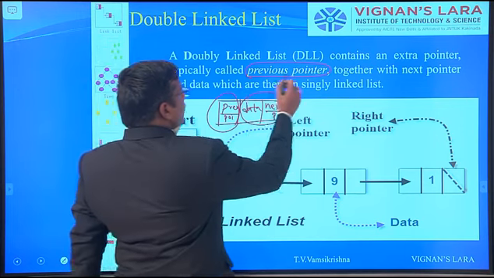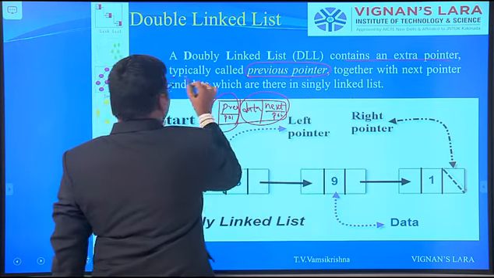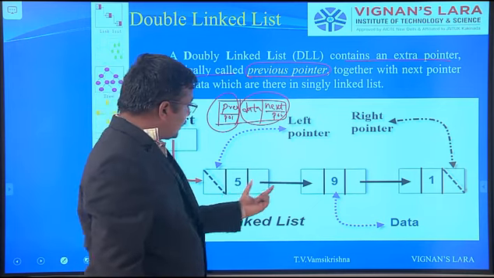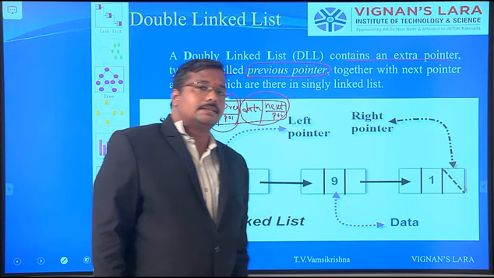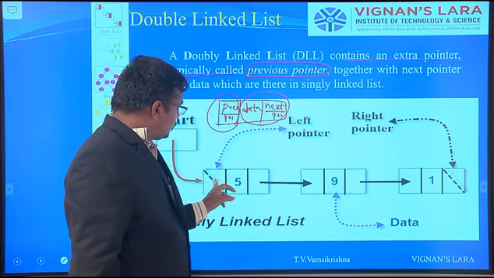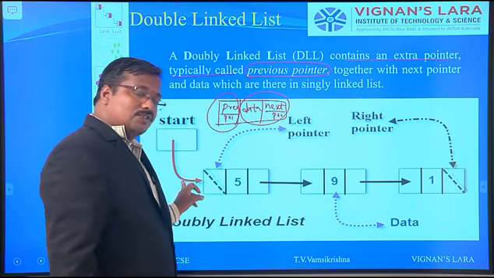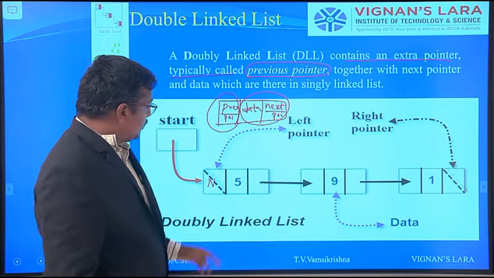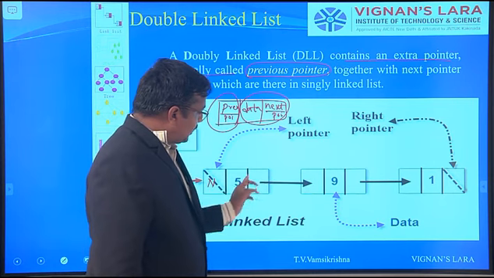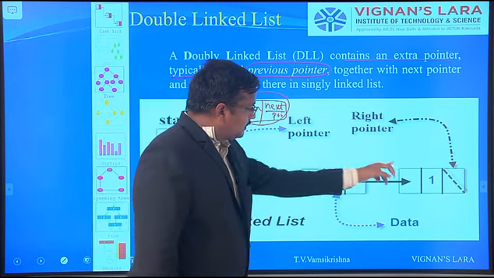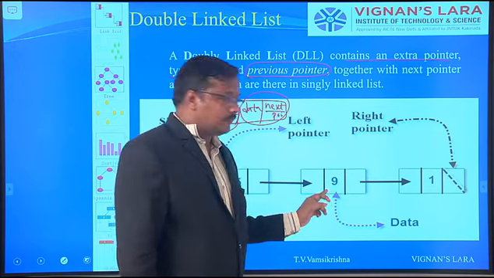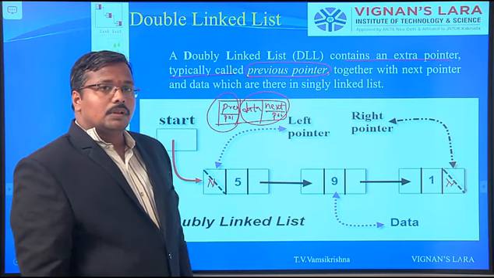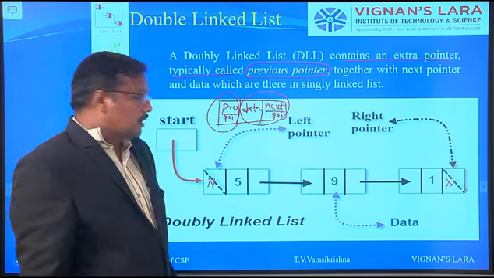So a double linked list contains an extra pointer, typically called the previous pointer, meaning each and every node consists of 3 different fields. For the first node there is no previous node, so it contains null. Then the next node address, the previous node address, the element, and the last node again contains null. This is the way to construct a double linked list.